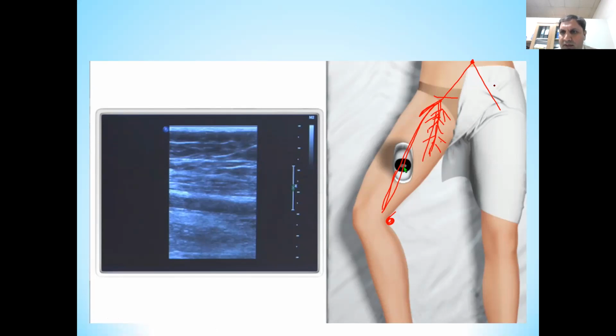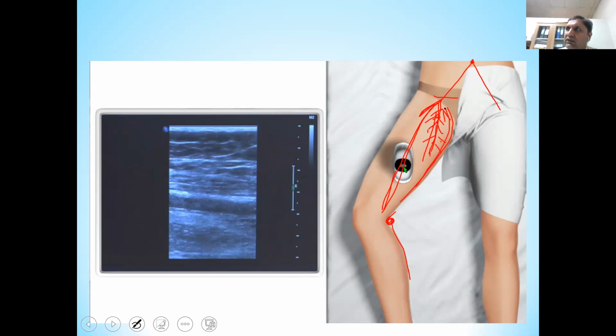Similarly, the venous system is composed of two systems, the superficial venous system and the deep venous system. The superficial venous system has the great saphenous vein and the small saphenous vein.